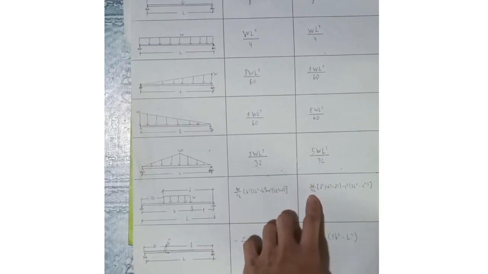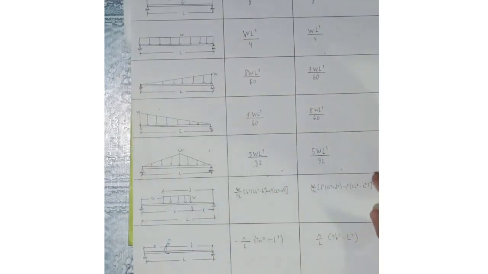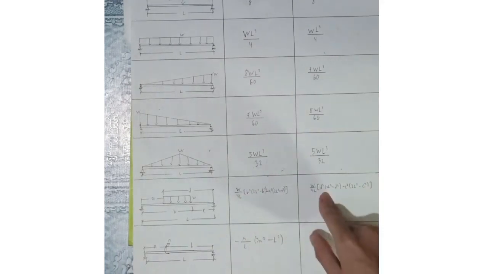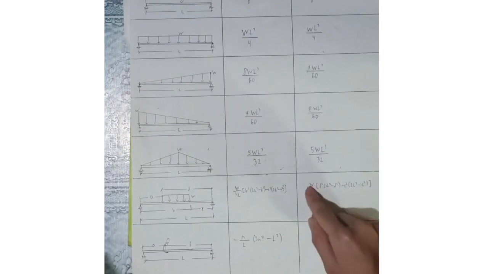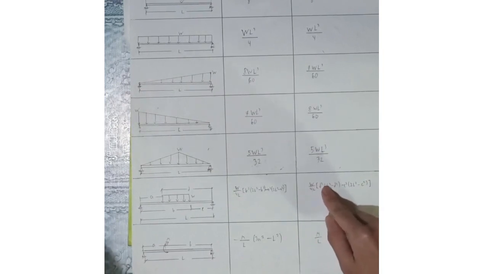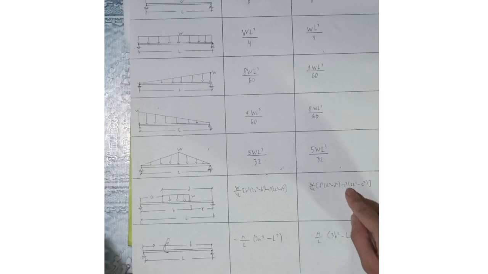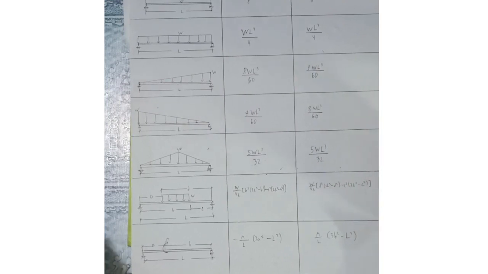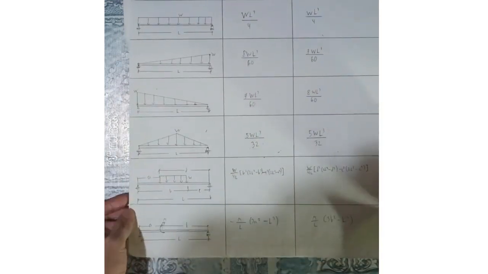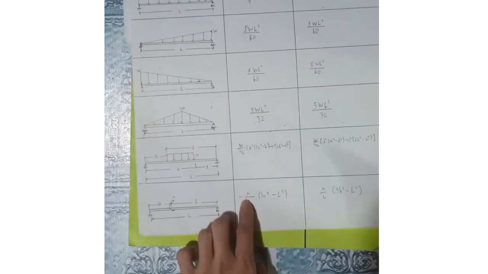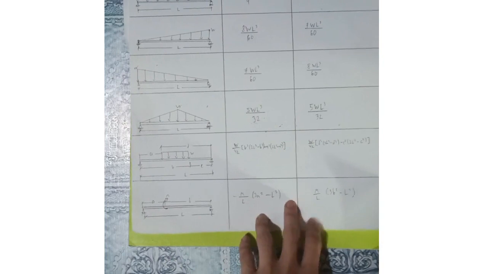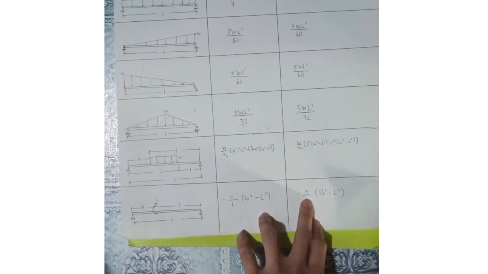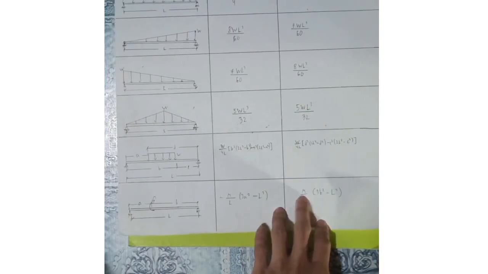On the B side, the variable B is just replaced by D and A by C: W over 4L times D squared times 2L squared minus D squared, minus C squared times 2L squared minus C squared. For the moment load at any point of the span, it is minus M over L times 3A squared minus L squared. Then on the B side, M over L times 3B squared minus L squared.